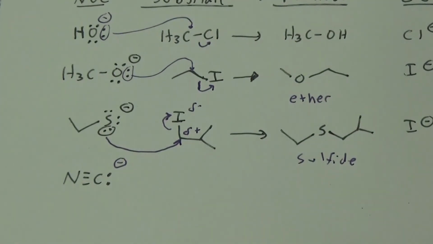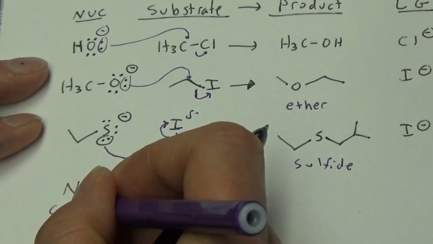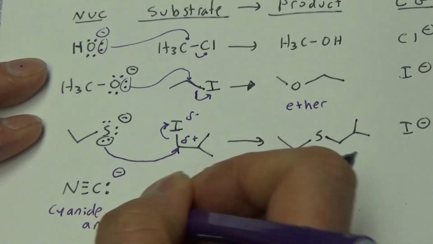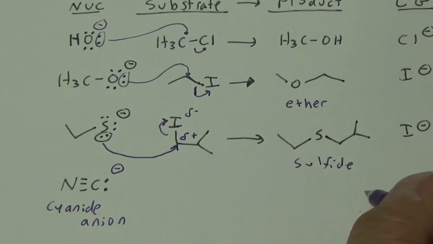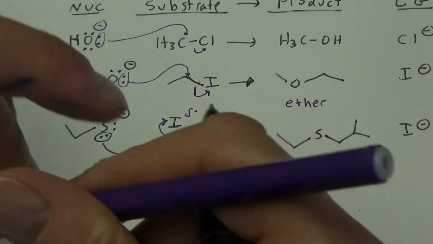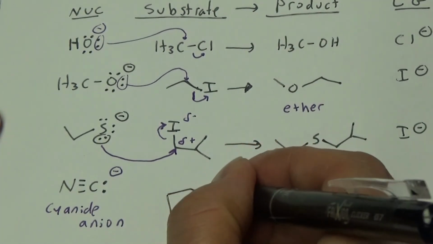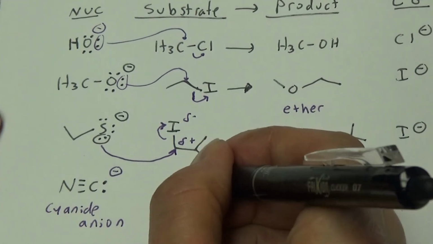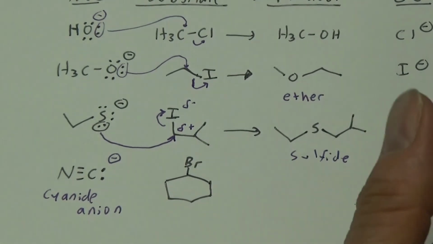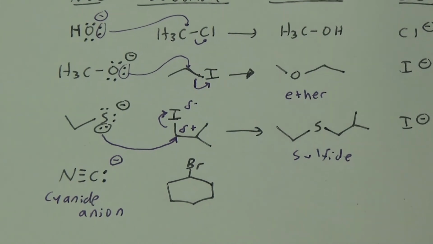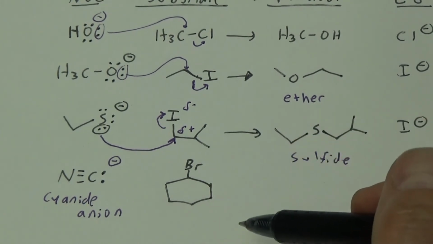Take cyanide, CN minus, cyanide anion. Well, that's a good nucleophile too. Let's react this one with bromocyclohexane, right?